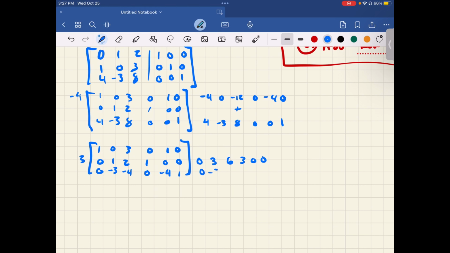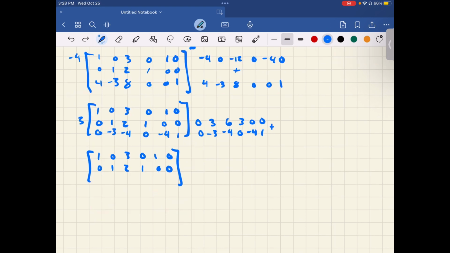And I'm going to rewrite the next row so it's easy to write, and add these two rows together. Leave the top two rows the same, and then add those next ones. So I have 0, 0, 2, 3, -4, and 1, right?